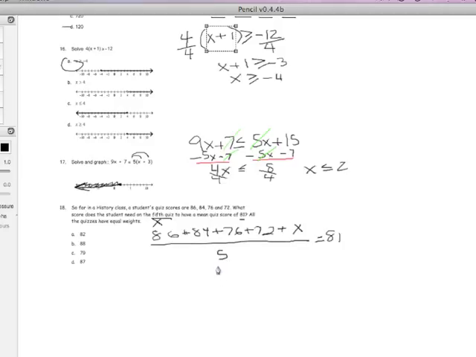That sounds about right. Oh, it's exactly right. So we have 318 still plus that x, divided by 5 equals 81. Let's multiply both sides by 5.